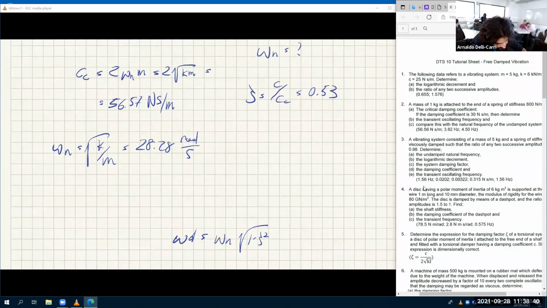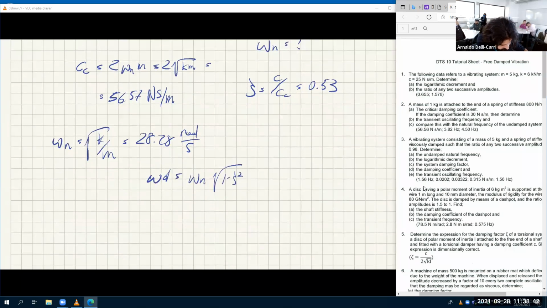And so that means that omega d is 28.28 times the square root of 1 minus 0.53 squared.